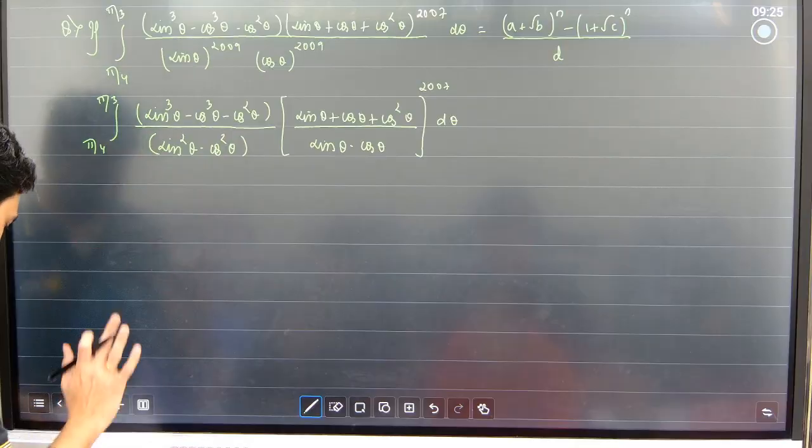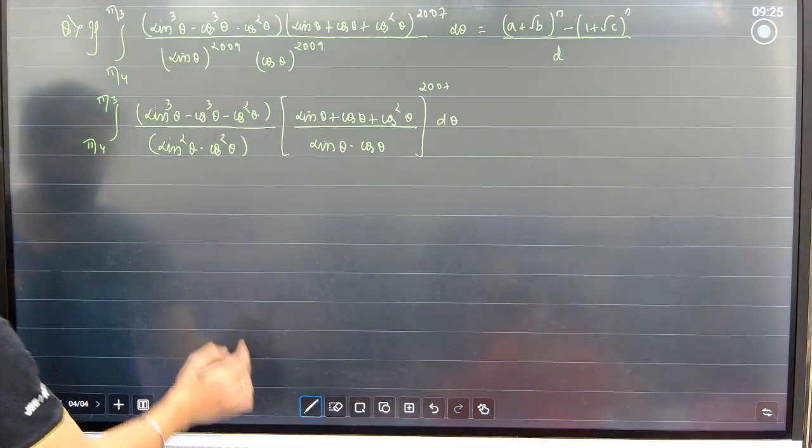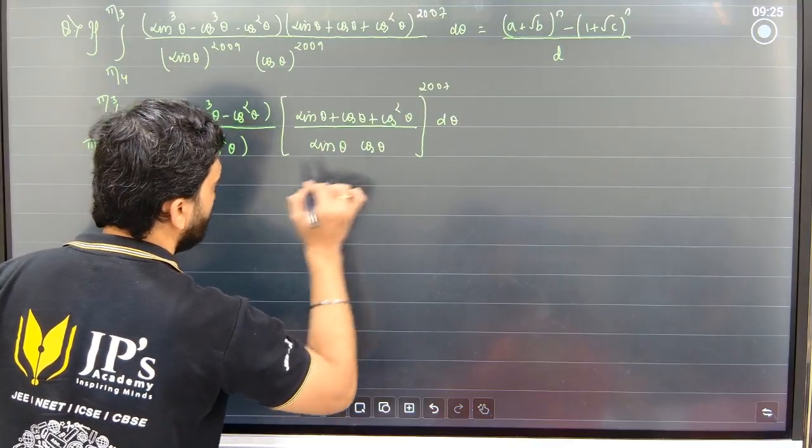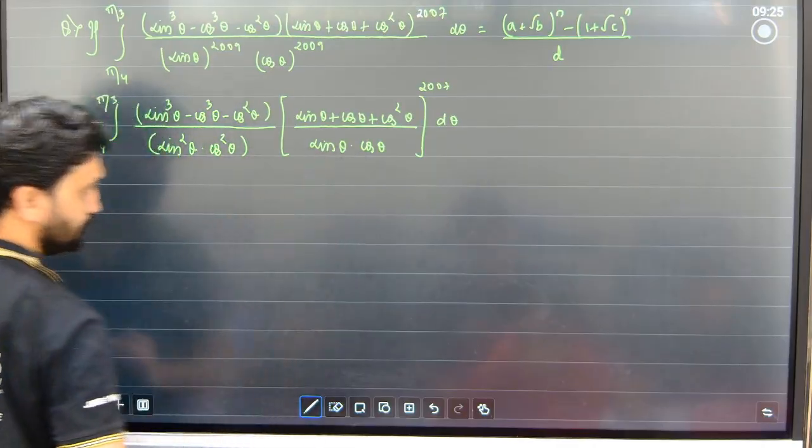Now I can say that something looks perfect. Okay, it is multiplication. This is not minus, this is multiplication. So just put a dot here and a dot here.